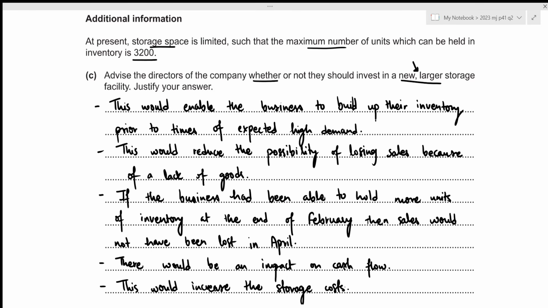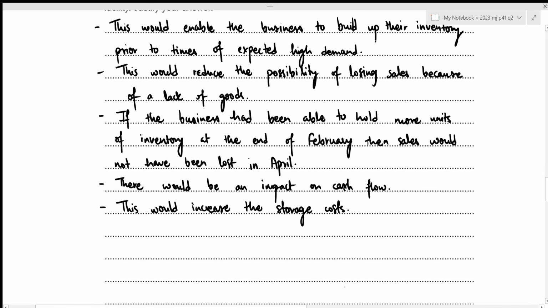And also remember that higher level of inventory means that there is a higher chance of those goods being damaged, stolen, or becoming obsolete. Let's write it down as well.